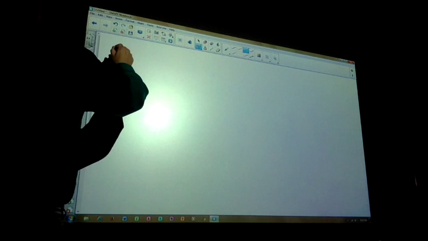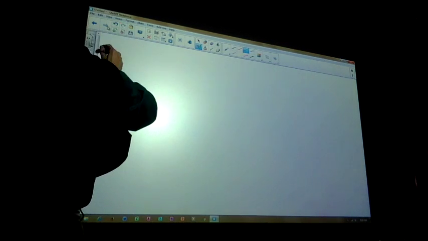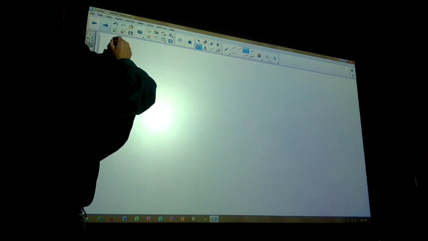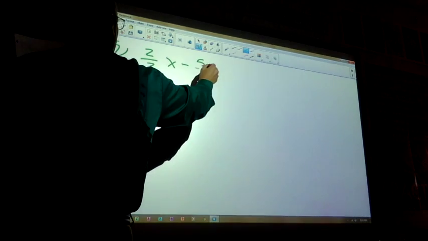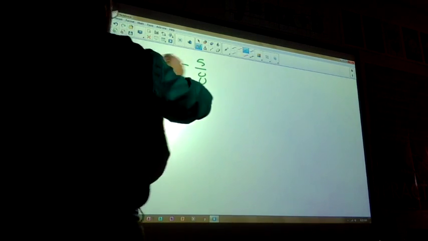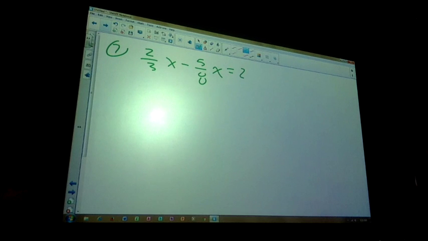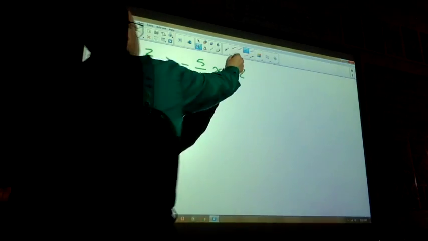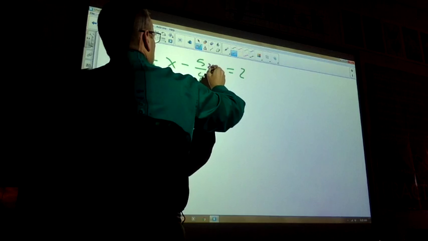Problem number 5. We just did number 5, didn't we? Okay. Problem number 7. 2 over 3x minus 5 over 8 x equals 2. What's the smallest number that 3 and 8 both go into? 24. So I'm going to multiply all 3 terms, because there's 3 terms up there, by 24 over 1, or just 24.